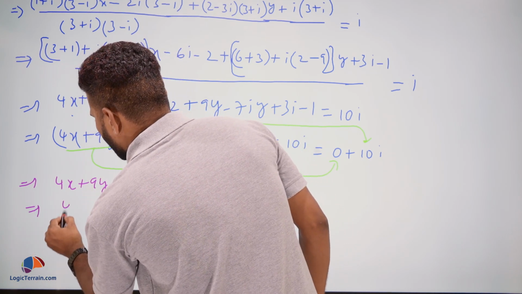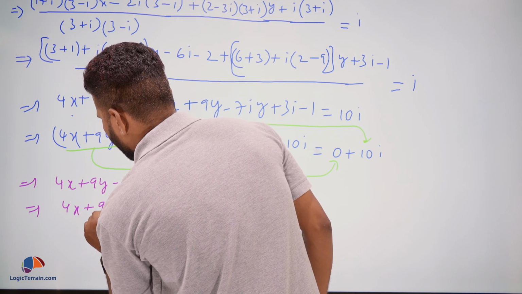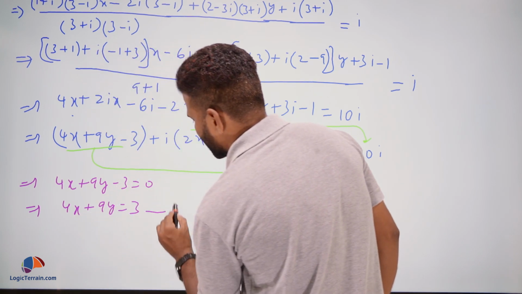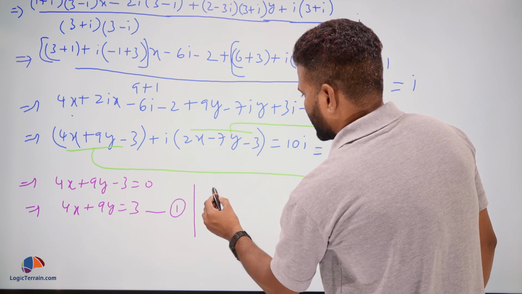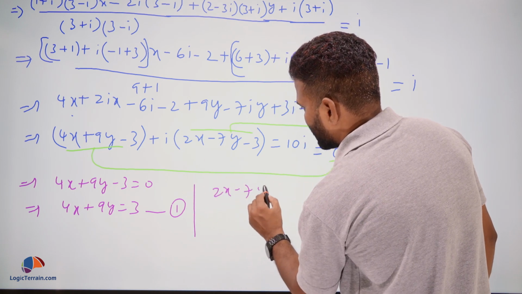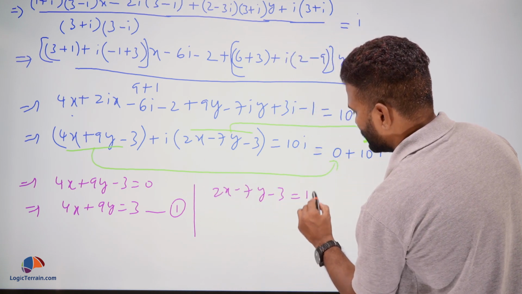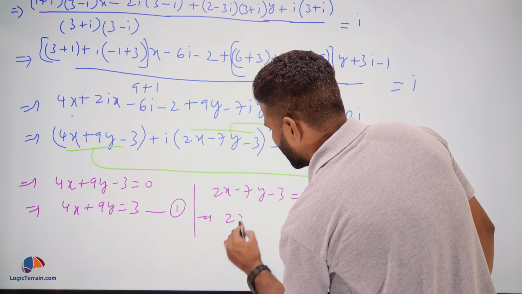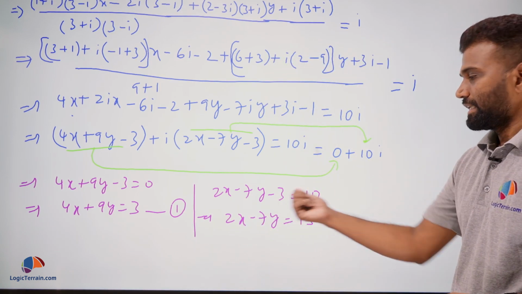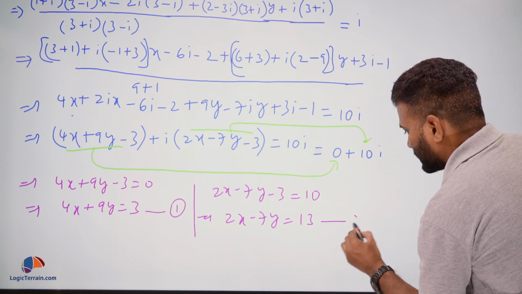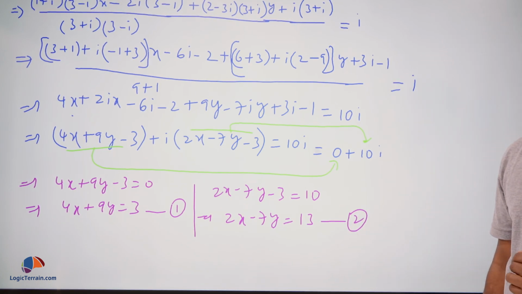Further, 4x plus 9y is equal to 3. Let us take this as equation number 1. And from here 2x minus 7y minus 3 is equal to 10, and further 2x minus 7y is equal to 13. Negative 3 comes here. Let us take this as equation number 2.